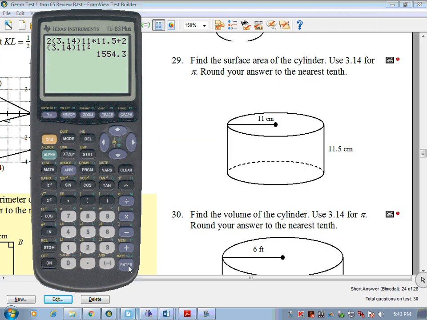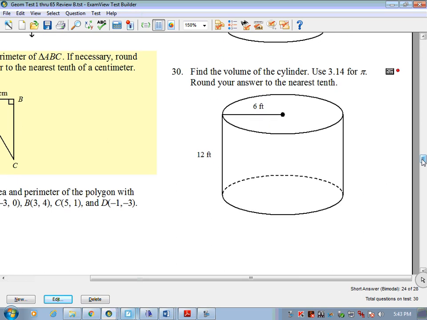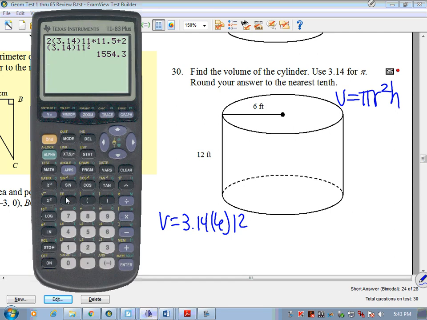Last question. Find the volume of the cylinder. Volume of the cylinder is pi r squared times height. We're using 3.14, so volume equals 3.14 times my radius of 6 squared times my height of 12. Pull that calculator back out.